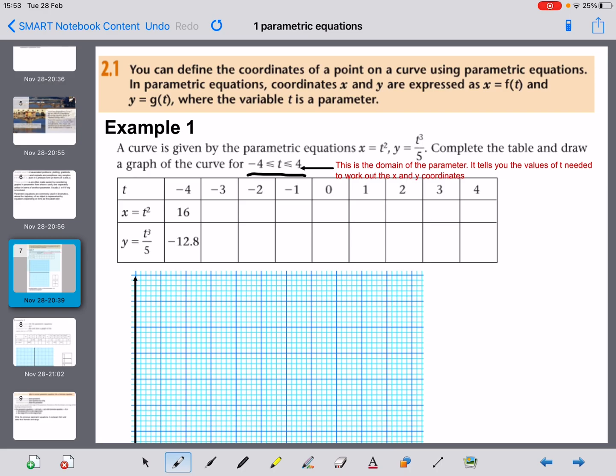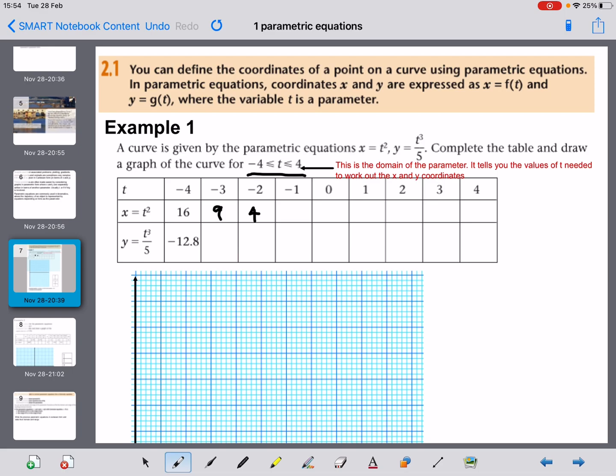So if t is -4, then x will just be -4 squared, which is 16. When t is -3, then x will be -3 squared, which is 9. When t is -2, x will be -2 squared, which is 4.